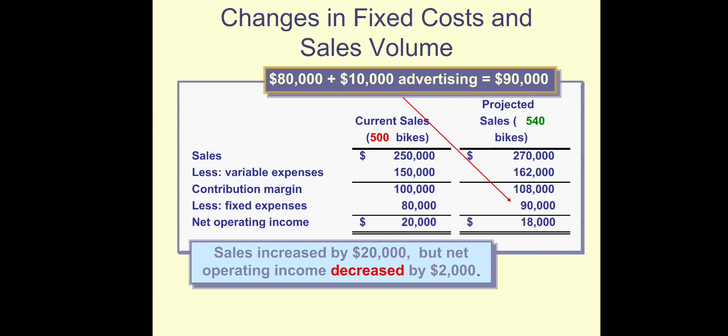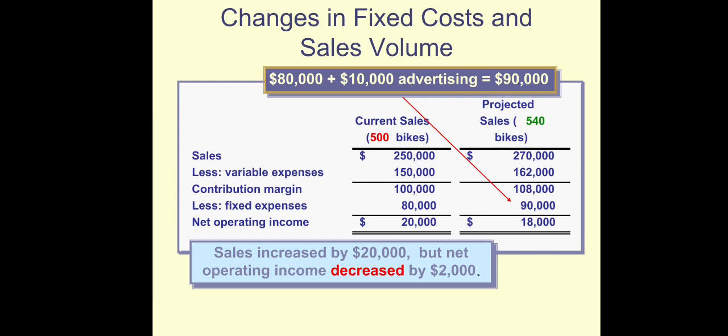If the sales is 540 bikes, the sales will increase to 270,000. Why 270,000? Because one bike's price is $500 times 540 bikes, so the total sales or revenue is equal to $270,000.